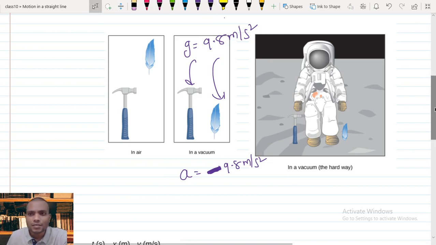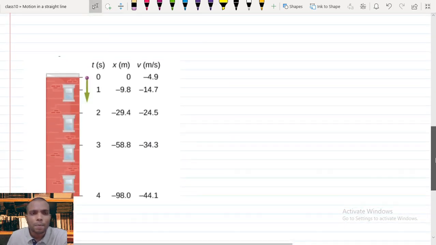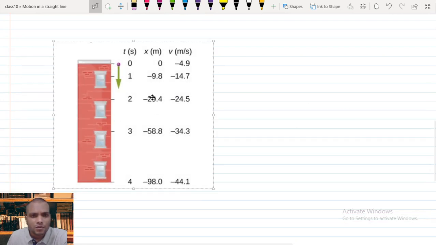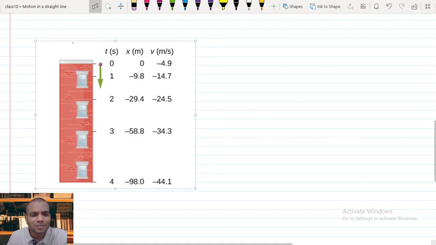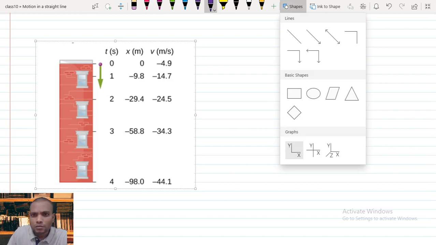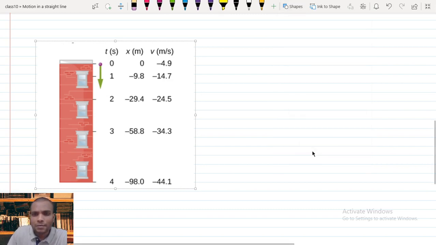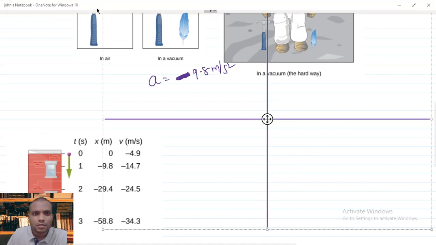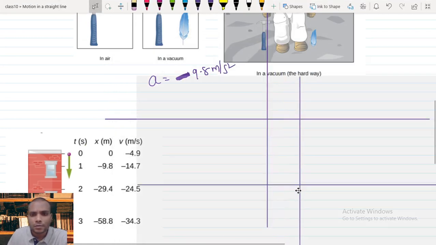So for that, let me take a case. Here I have an object, and I am trying to drop the object from a tall building. First I would like to plot the position versus time graph in this special case.